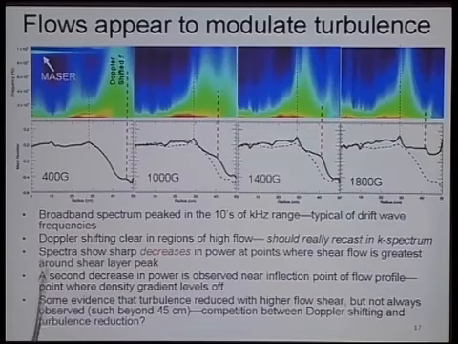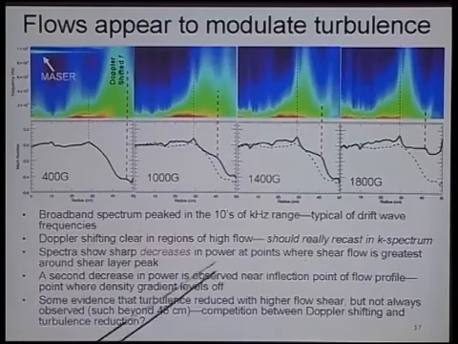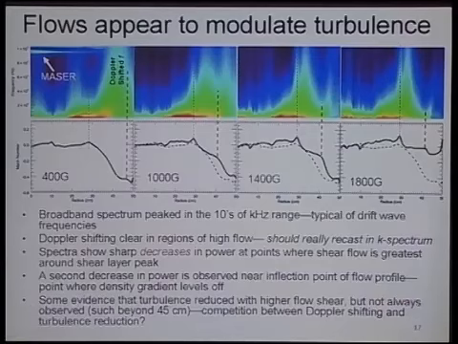Is that a real effect, or maybe this is just a competition between Doppler shifting and the reduction of turbulence that we're seeing? So it could just be a measurement effect. One of the things that we are going to do in the future is recast these plots in K rather than frequency, which should cancel out the effect of the velocity, so we can look at the spectrum without the effect of the flow.